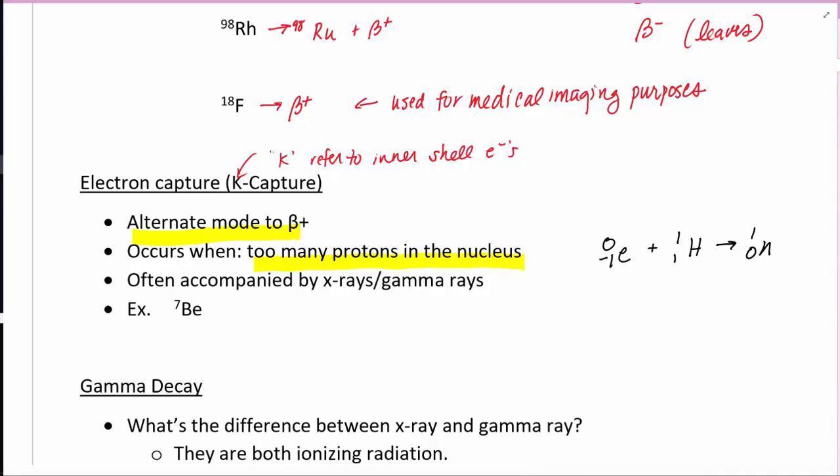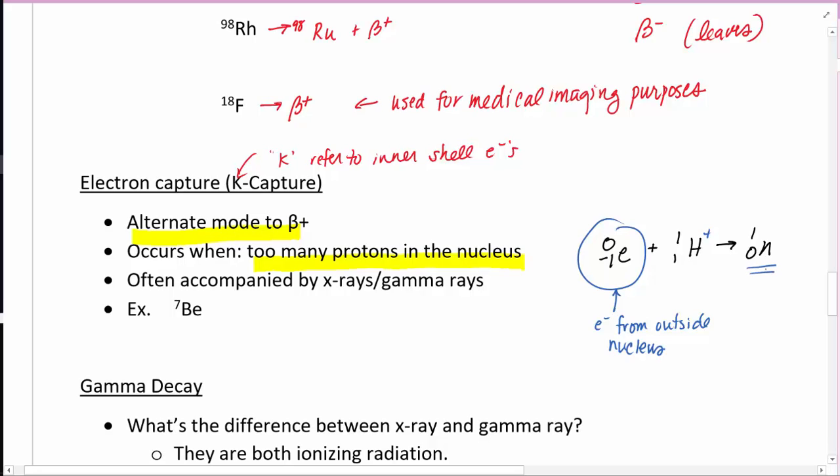But the key here is that this is an actual electron from outside the nucleus. So it grabs an electron from outside the nucleus, reacts it with a proton, and as a result creates an extra neutron. So it decreases the number of protons but increases the number of neutrons. But the key with this one's often accompanied by an X-ray or a gamma ray, releases some energy. That's essentially what that means.